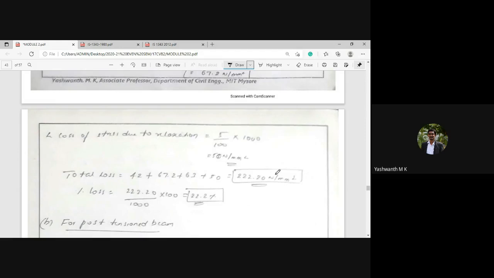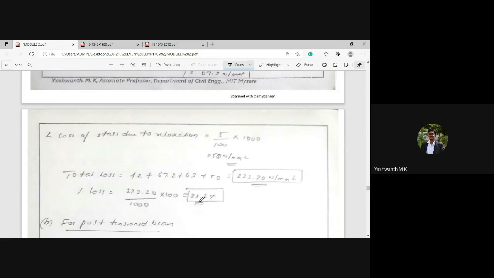1000 minus 222.20 is the net pre-stress available. But this problem is asking for percentage loss. Therefore percentage loss of stress in wire is equal to total loss divided by initial pre-stress, that is 222.20 divided by initial. If you want to calculate percentage loss, initial pre-stress is very much essential. So divide by initial pre-stress into 100 to convert it to percentage, and you will get 22.2 percent.